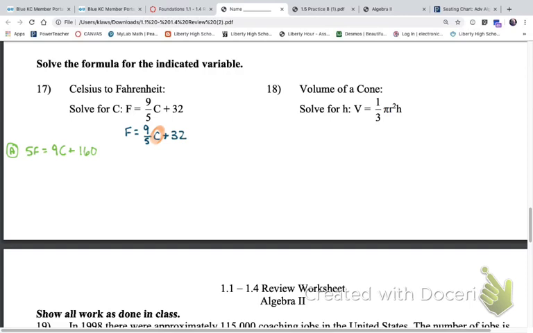Now, if we just get C by itself, so if we just go with the one in green, what am I going to do? Subtract the 160 from both sides.